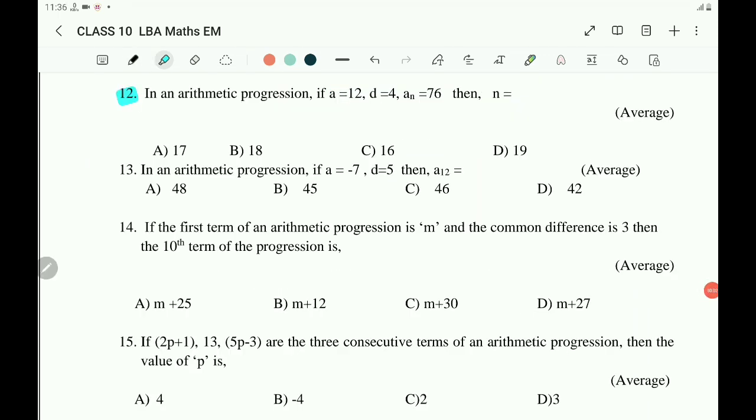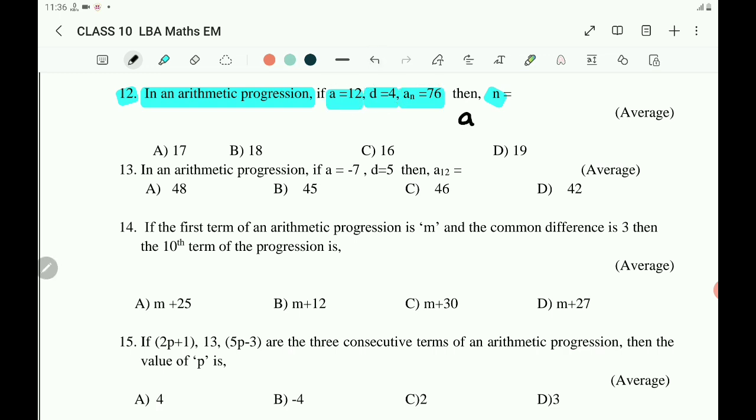Question number 12. In an arithmetic progression, if a equals 12, d equals 4, an equals 76, then n equals? Here, the first term a is given, that is 12, and the common difference d is given, that is 4. And the nth term is given, that is an equals 76. What we have to find out is n. Then you write the formula for an.